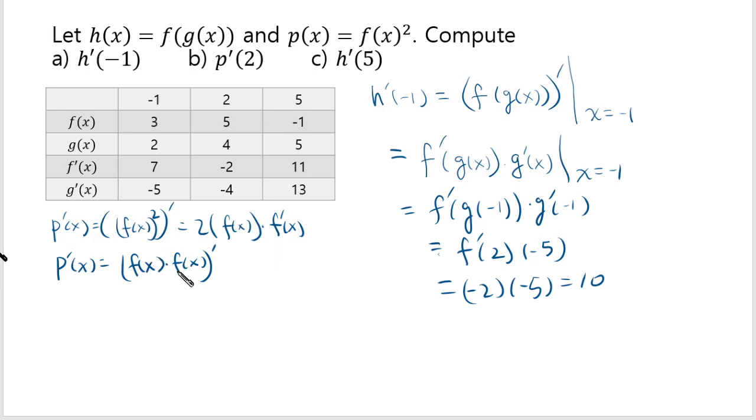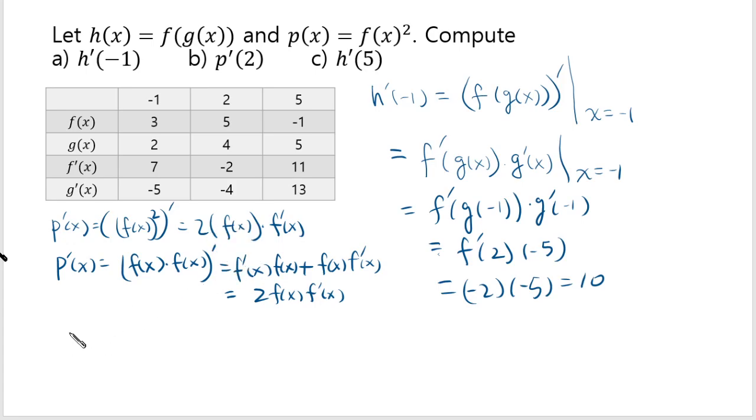It's just a product. So you can use the product rule: f prime of x, differentiate the first, leave the second, plus leave the first, differentiate the second. And since they both look like f prime times f, you end up with 2 times f of x times f prime of x. Great, right?